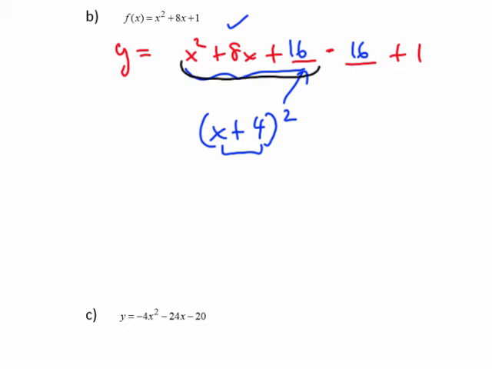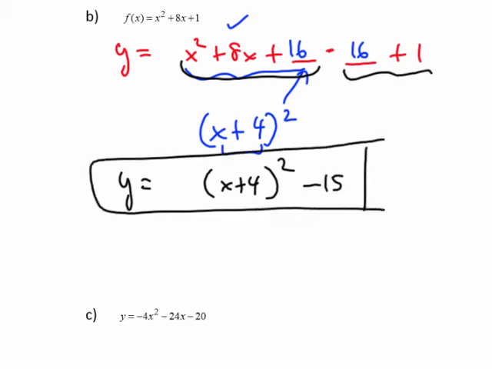Alright, so these three terms factor to a perfect square, x plus 4 squared, and the constant on the outside is minus 15. And so we know that our parabola has a vertex of negative 4, negative 15.